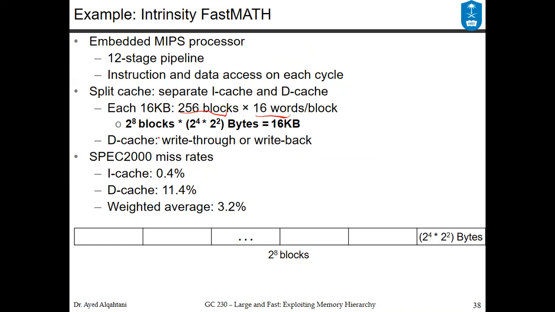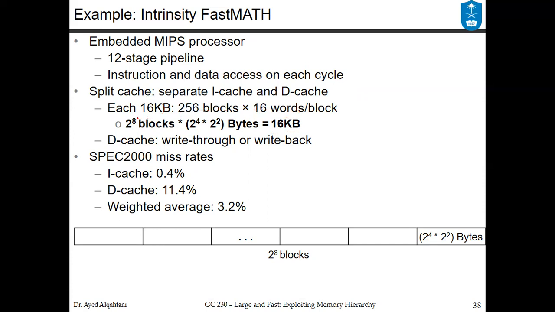And each one of these blocks is 16 words. 16 words means that you have 2 to the power of 4, which is 16, times 2 to the power of 2, because they are words. And you know that each word is 4 bytes or 32 bits. So it's 2 to the power of 2. And this will total to 16 kilobytes, which is this amount.